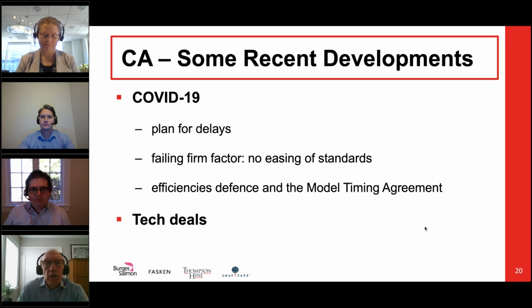I'll close out on tech. Tech deals are a priority for the Bureau. They are worried about killer transactions, and in particular, transactions that fall under the radar that are not notifiable, but yet pose very substantive competition risk.